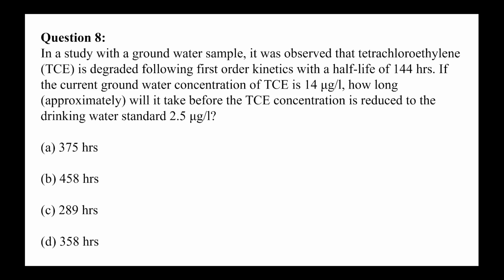So you have initial concentration, final concentration, half life, and the order of the reaction, so you know which equation has to be followed. Use the first order reaction kinetics and solve for the time it will take for 14 microgram per liter TCE to reduce to 2.5 microgram per liter. Options are option A 375 hours, option B 458 hours, option C 289 hours, and option D 358 hours.